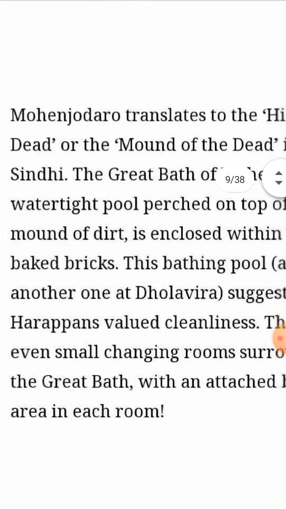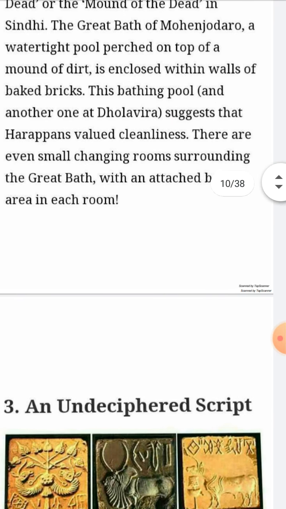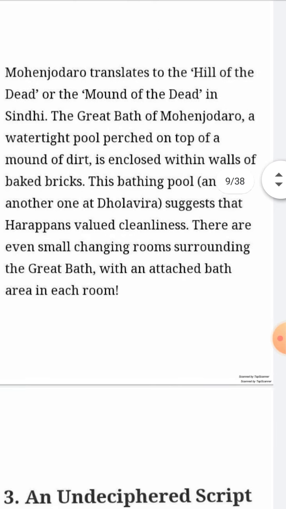Mohenjo-daro translates to the mound of the dead in Sindhi. The Great Bath of Mohenjo-daro, a watertight pool perched on top of a mound of dirt, is enclosed with walls of baked bricks. This bathing pool suggests that Harappans valued cleanliness.